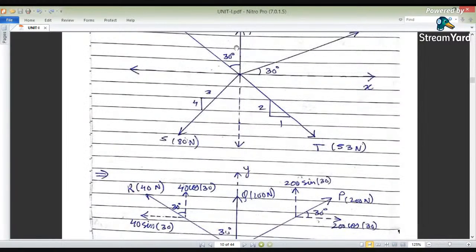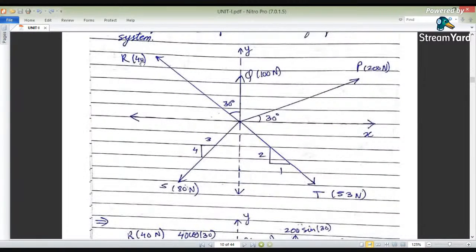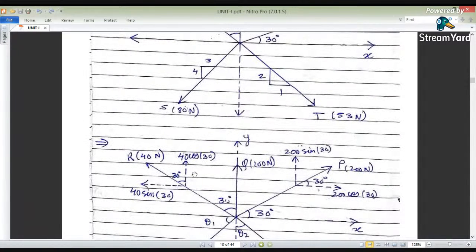The R force makes an angle of 30 with the vertical, so the vertical component is 40 cos 30, whereas the horizontal component is 40 sin 30.